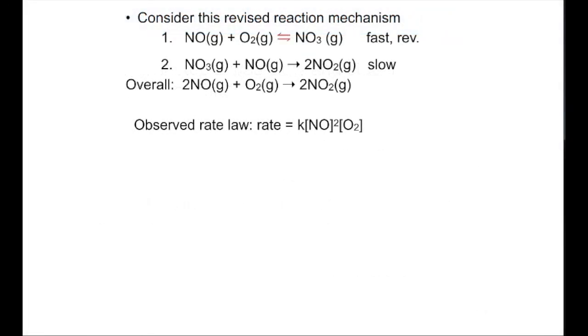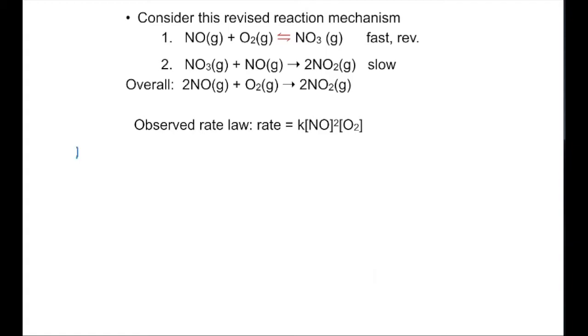Okay, so how we're going to deal with this is to look at both of the reactions, both the fast and reversible reaction and the slow reaction. So we need to first write out the rate laws for the first reaction, both the forward and the reverse reaction, as well as the rate law for the second slow reaction.